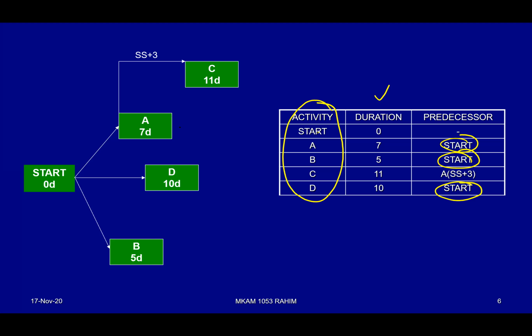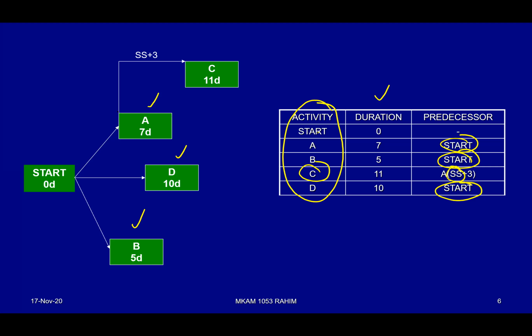Okay, so let's assume that we have already done this in a nice way. We just put A, and then draw D and then B, and then we put the activity duration inside the box. Then C. C simply says the predecessor is A. So now we know we must connect an arrow from A into C. How is the arrow connected? Look at the type of relationship. It says start to start.